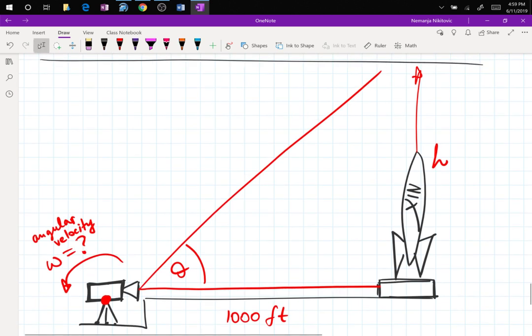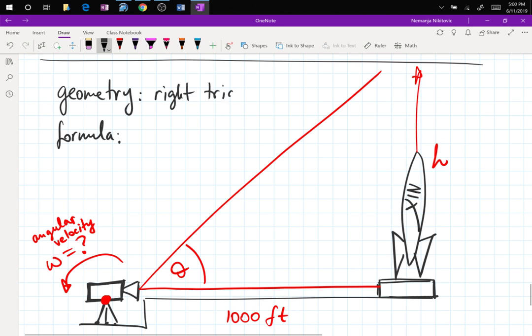So how do we get that? Well, we start from first realizing the geometry, and then the formula. What is the geometry of this problem? It's a right triangle. And which formula do we get to use now?